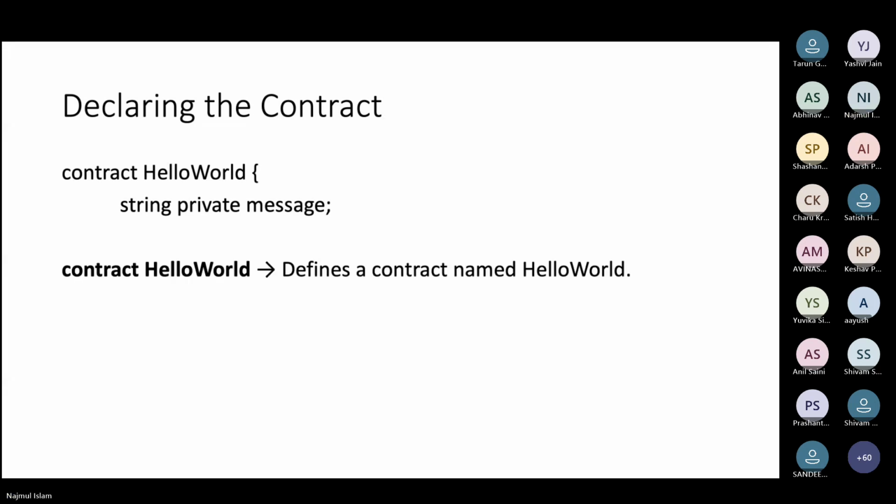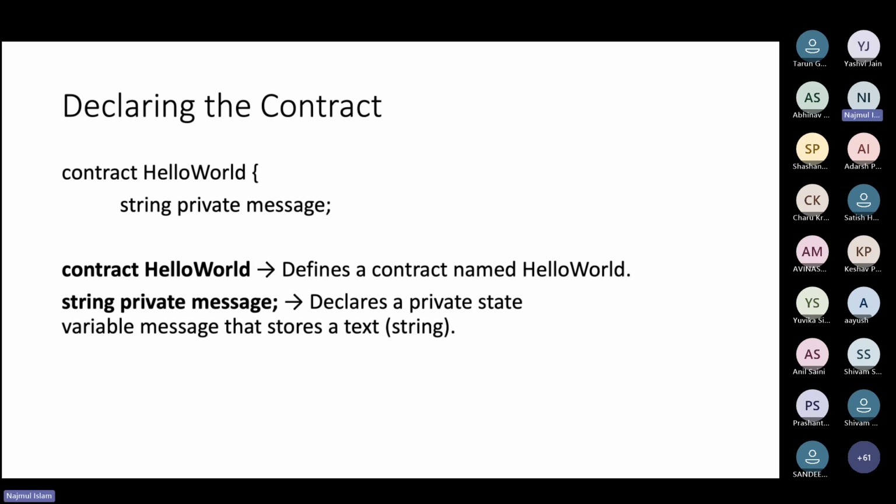And then declaring the contract. This is how we are declaring the contract, hello world, and then we are defining a string called message. Contract hello world defines the contract named hello world, as you can see.